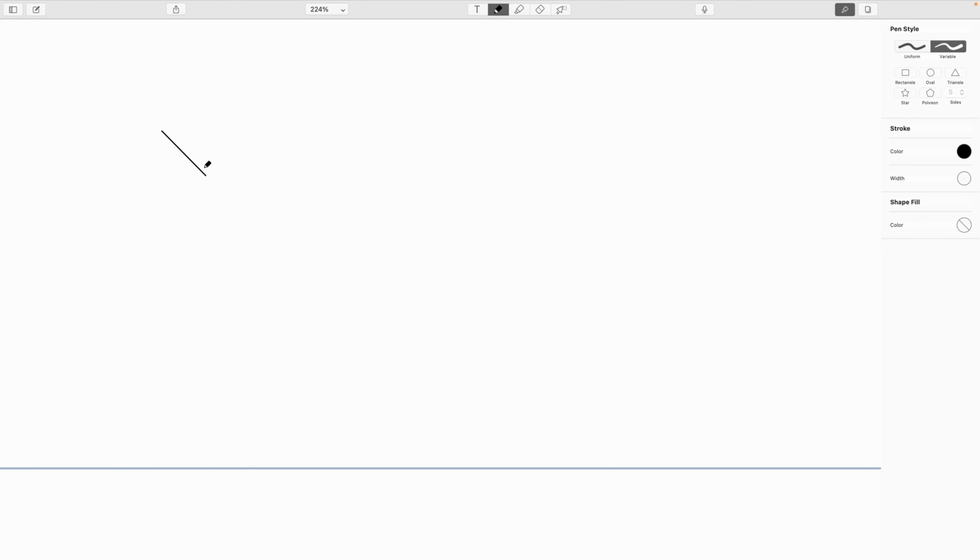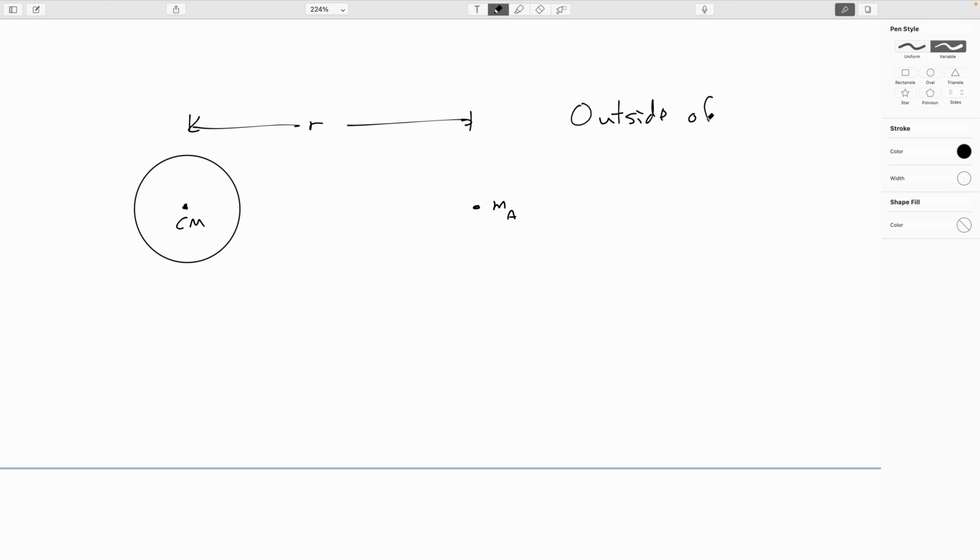So the Shell theorem says that this is the center of mass here, and this is, we'll say, MA, and this is our distance R. The first part of the Shell theorem says that outside of a uniform spherical shell, you can treat the shell as a point mass located at its center.